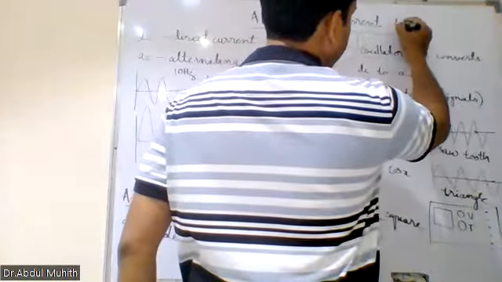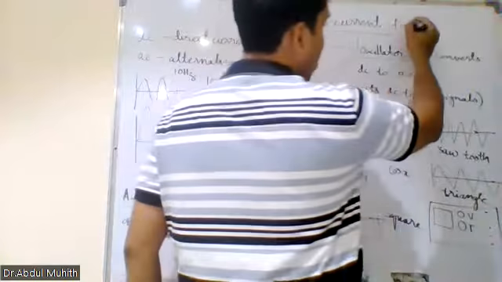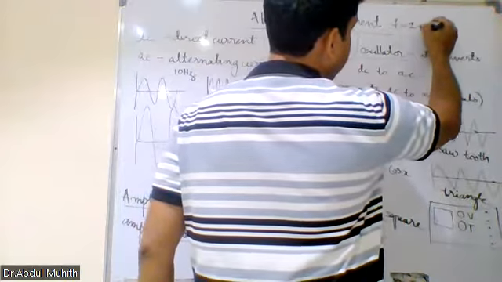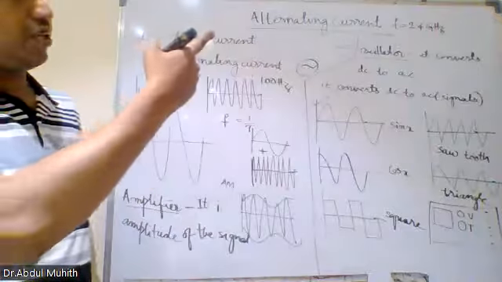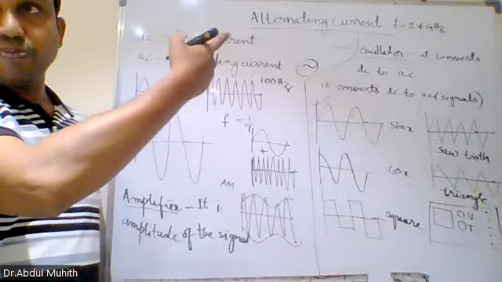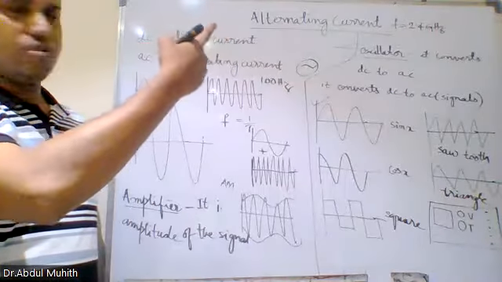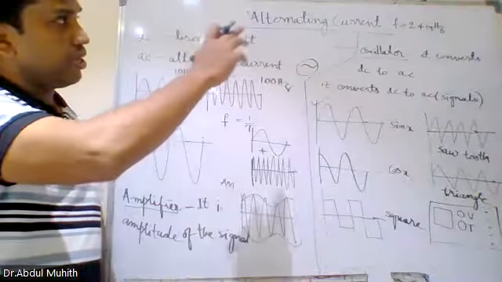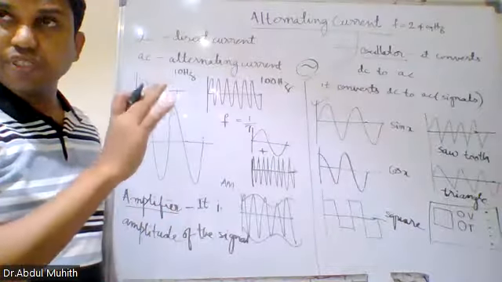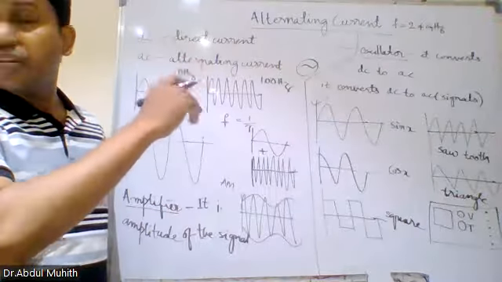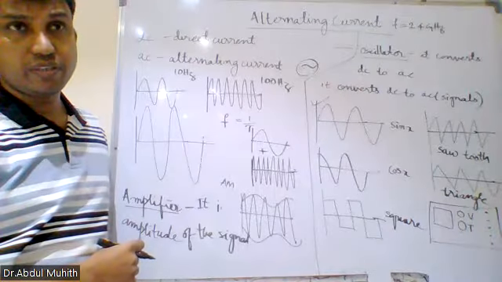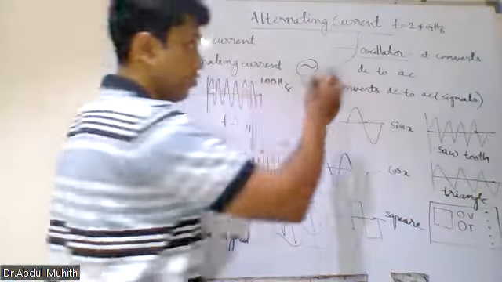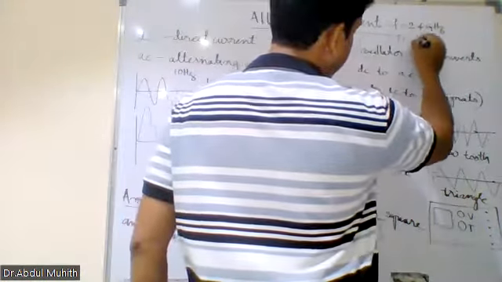For example, you might have seen in processors that the frequency of the oscillator is 2.4 gigahertz, like in an i5 processor. If the frequency of the oscillator is 2.4 gigahertz, what will be the time period? It is 1 by 2.4 gigahertz.